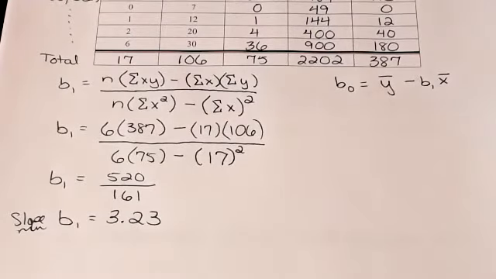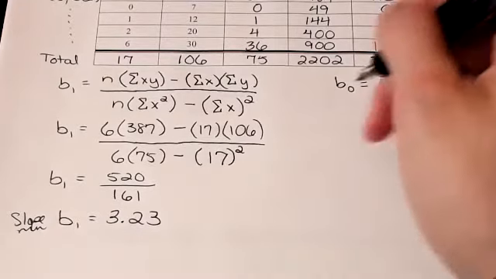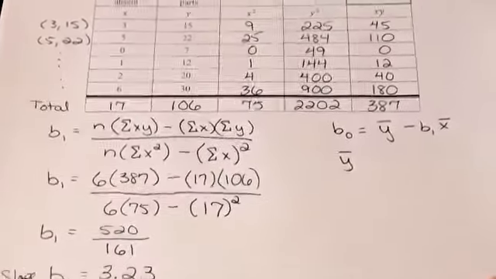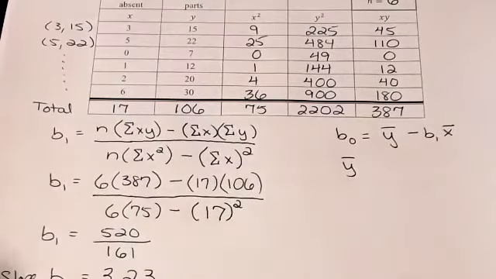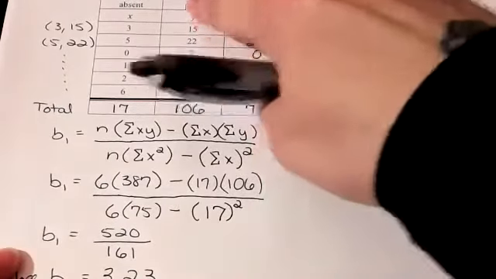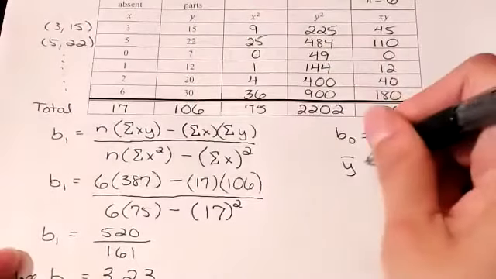We know how to calculate the mean of a set of values. So y bar would be the average of all of your y's, right? You say, okay, let's add up all of our values, and then we divide by the number of values we have. So to find the average of your y's, we added them up, which is 106.